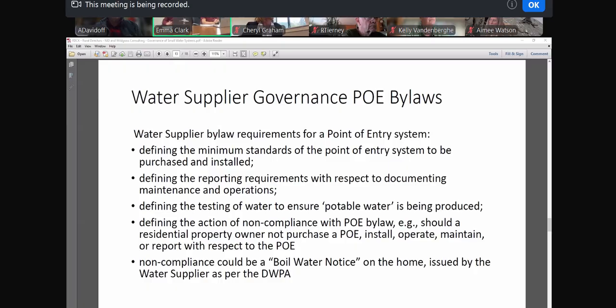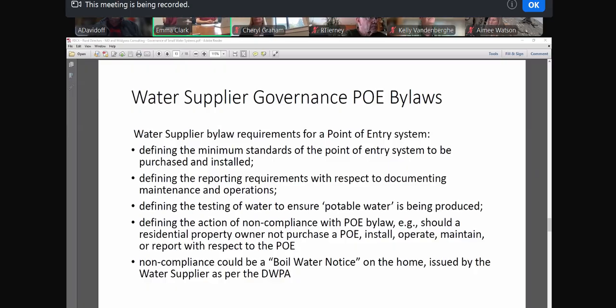Okay, thank you, those are all really good questions. To summarize, the first question is, do you need everyone to sign on? Then point of entry versus point of use systems, what are those? And then the finance on the break-even point. On the first point, I've got the slide up already.